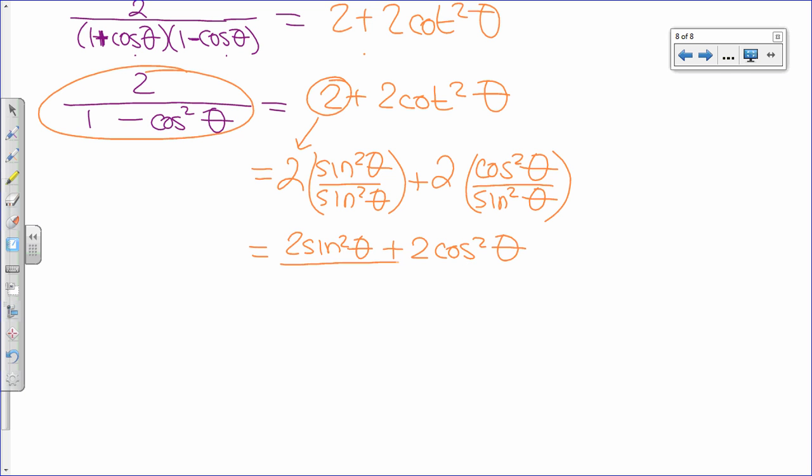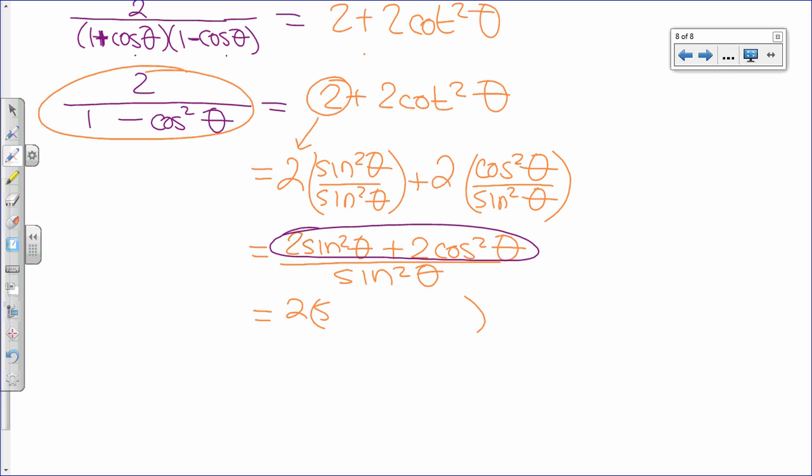They both have the same denominator, so I can just write them under one fraction. And then from here, if you notice, the two terms in the numerator both have the number 2, so I'm going to factor out the 2. And if I do that, I will get sine squared theta plus cosine squared theta.